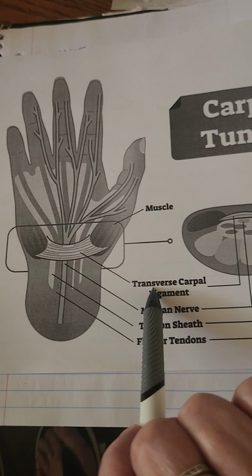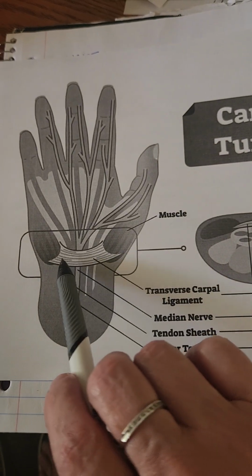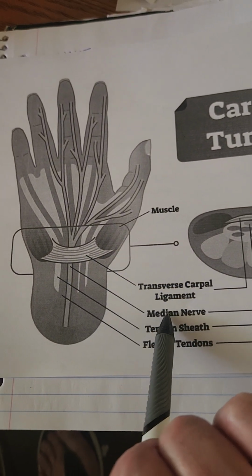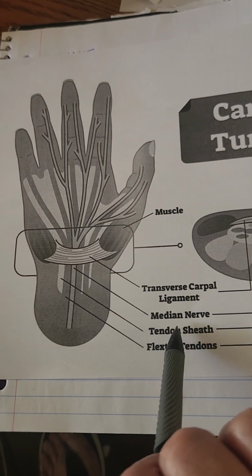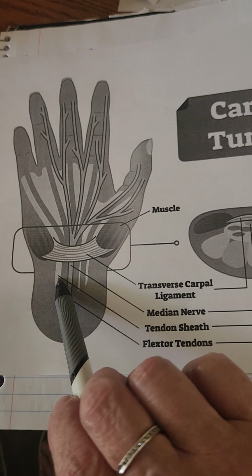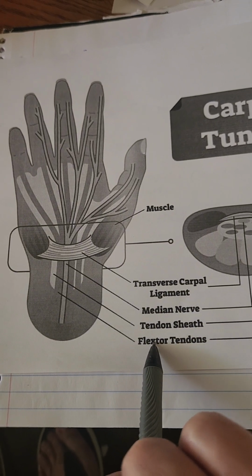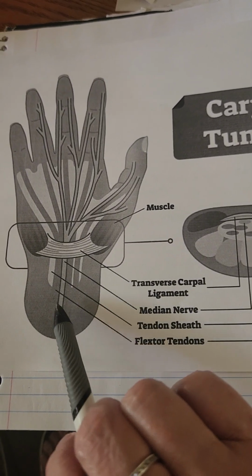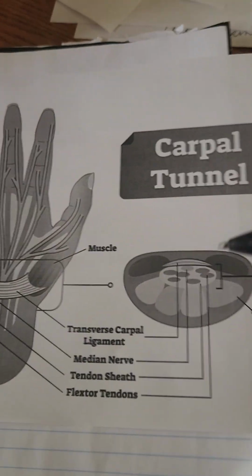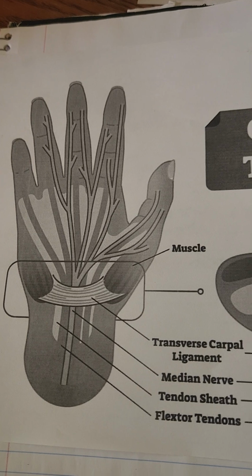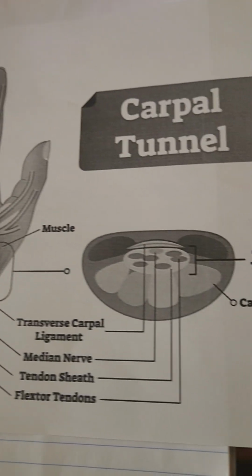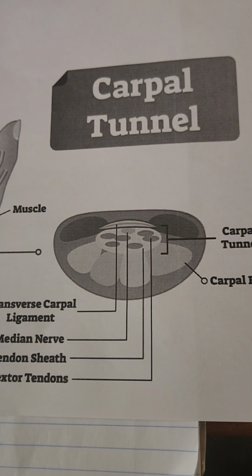Transverse carpal. Here, carpal. Median nerve is there. A tendon sheath is here. And the flexor tendon is here. Now this is looking at it from posterior to anterior. And this would be head to toe.